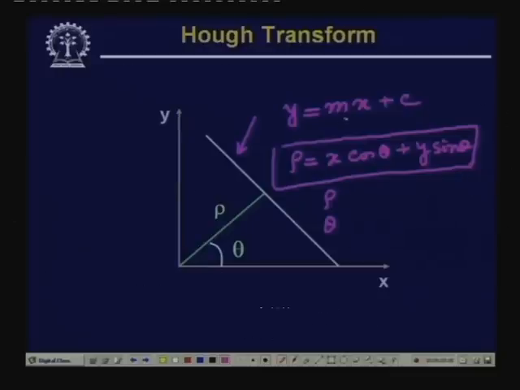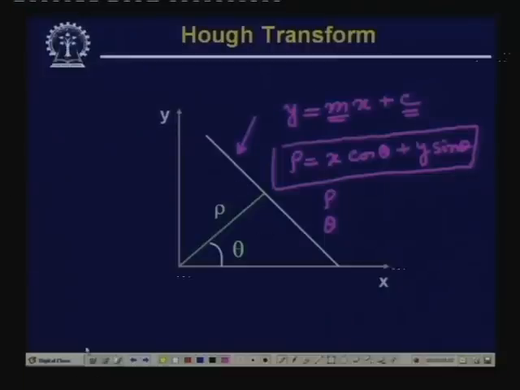So, unlike in the previous case where the parameters are the slope m and c, now my parameters become rho and theta. And when I have these two parameters rho and theta, then the situation is quite manageable. That is, I do not have the situation of leading to a parameter which can take an infinite value. So, in this particular case, what can be the maximum value of rho and the maximum value of theta?